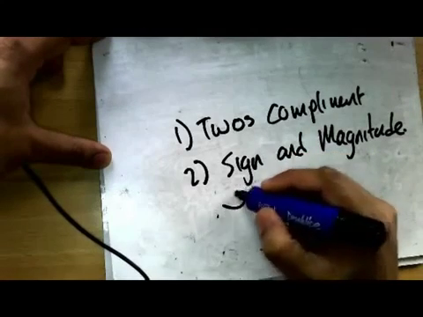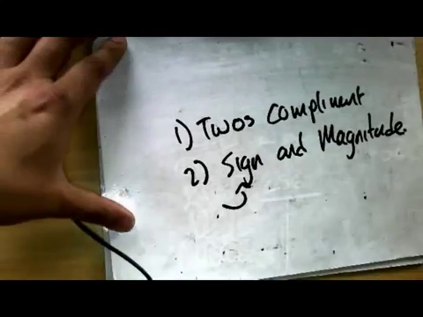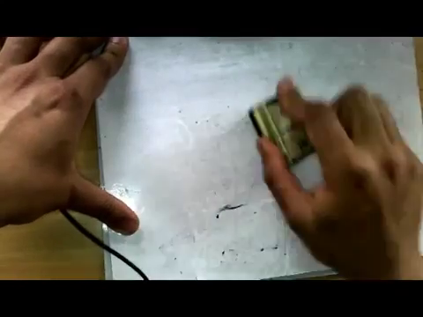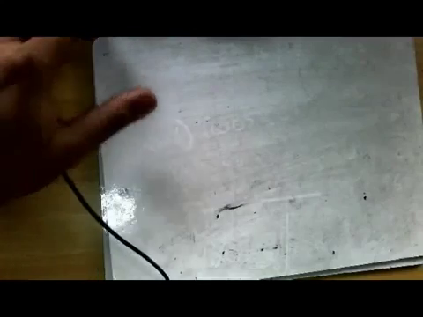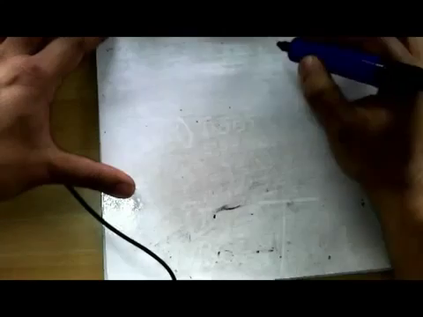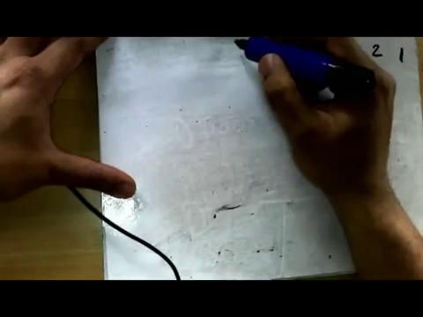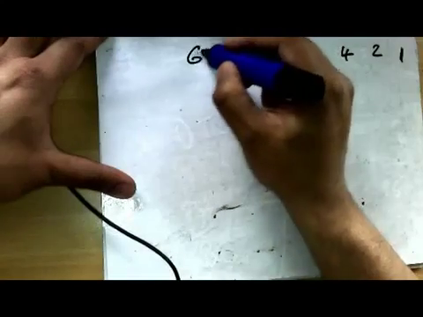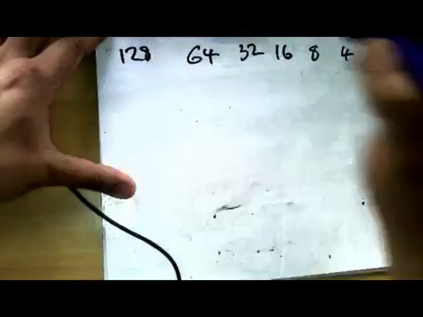Okay, now the easiest one to remember is sign and magnitude, so let me just show you how that works first. We all know our binary placeholders, so we start with 1, 2, 4, 8, 16, 32, 64, 128.